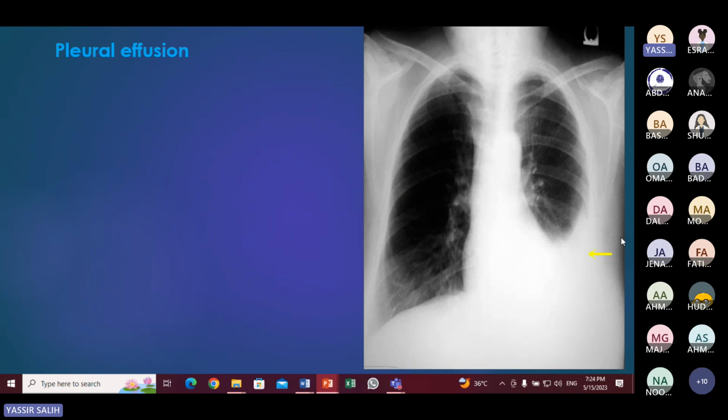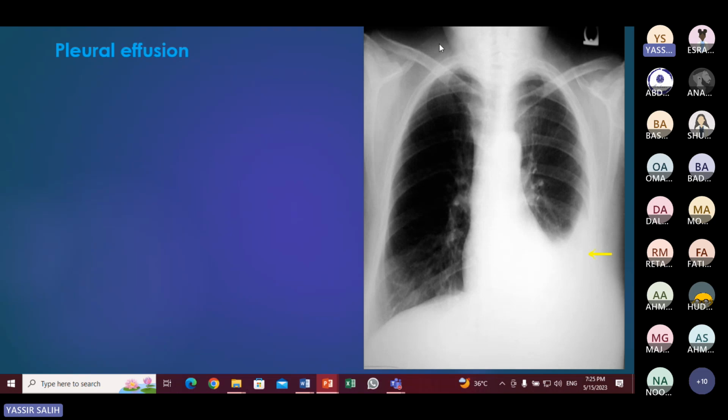Look at this area. What is this? What is this, for example here? What is the density here? Is it black? Is it lucent?